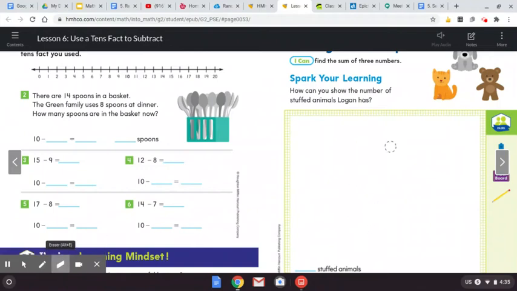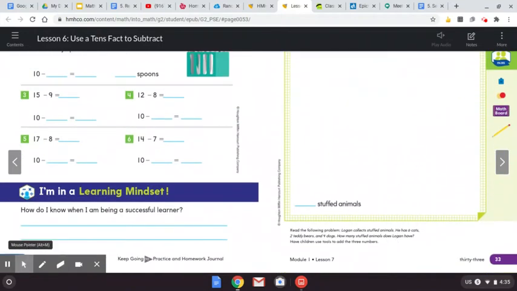All right, looking at your problem again. 6 cats, 2 teddy bears, and 4 dogs. 6 cats plus 2 teddy bears plus 4 dogs equals, to find your sum.